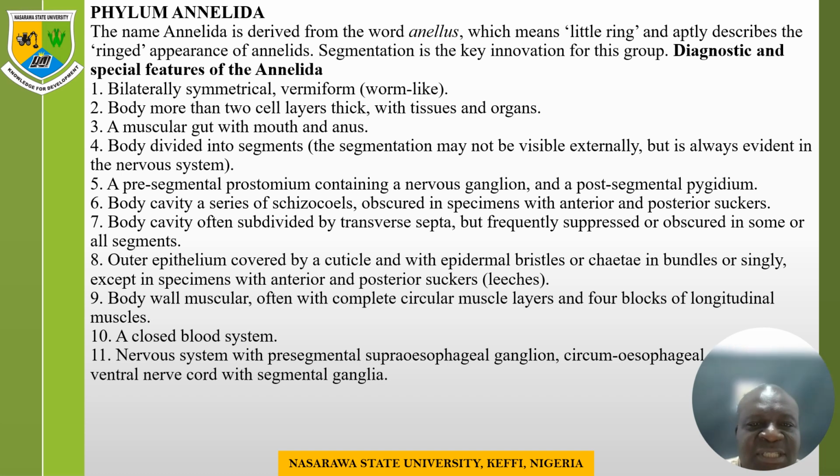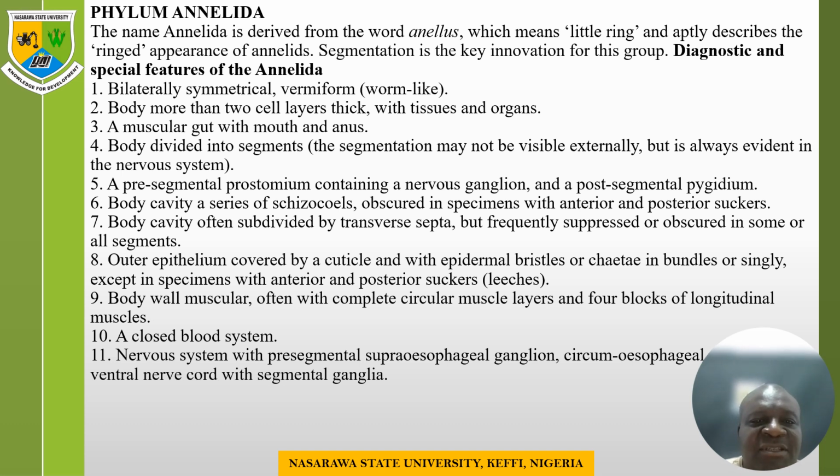There's a pre-segmental prostomium containing a nervous ganglion and a post-segmental pygidium. You see, in other organisms, especially in lower invertebrates, we're not talking of a prostomium containing the nervous ganglion, but this one here is a major feature.